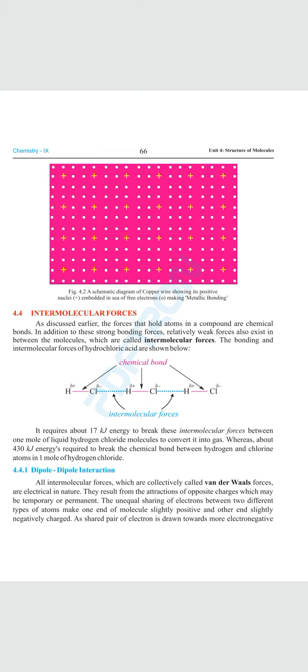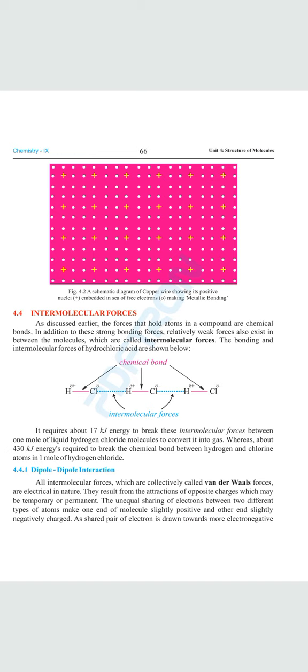To break the chemical bond we need a lot of energy, which is 430 kilojoules, for the bond between hydrogen and chlorine atoms in 1 mole of hydrogen chloride.